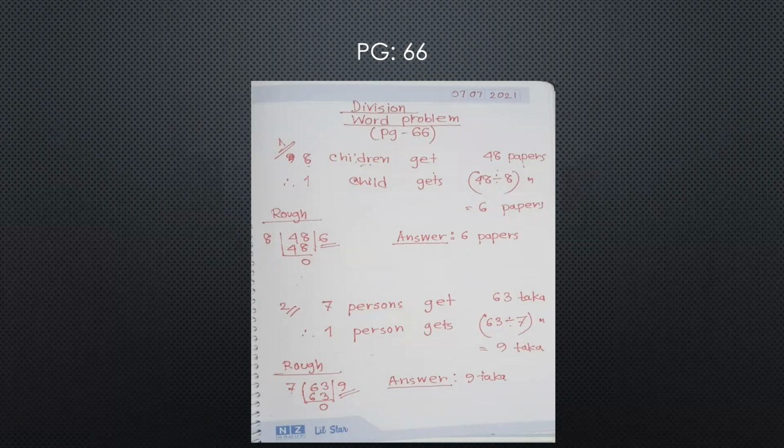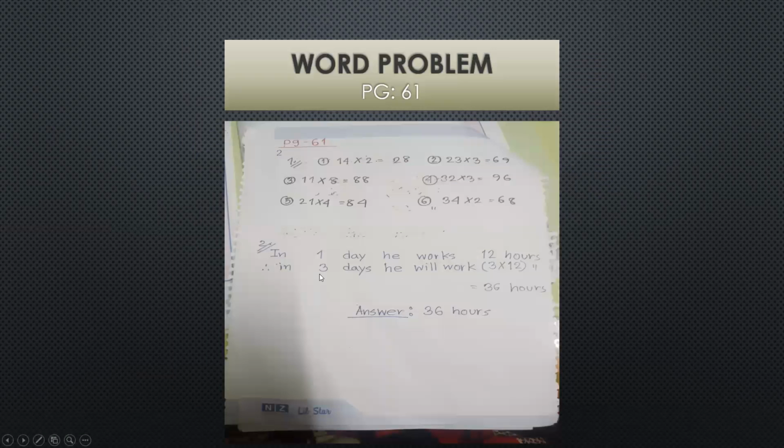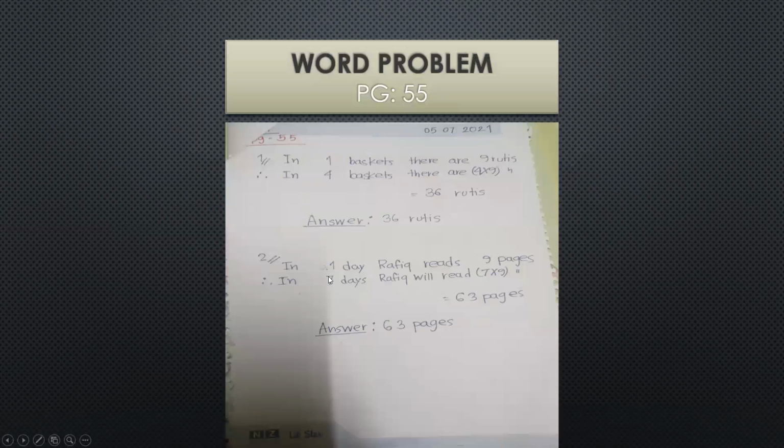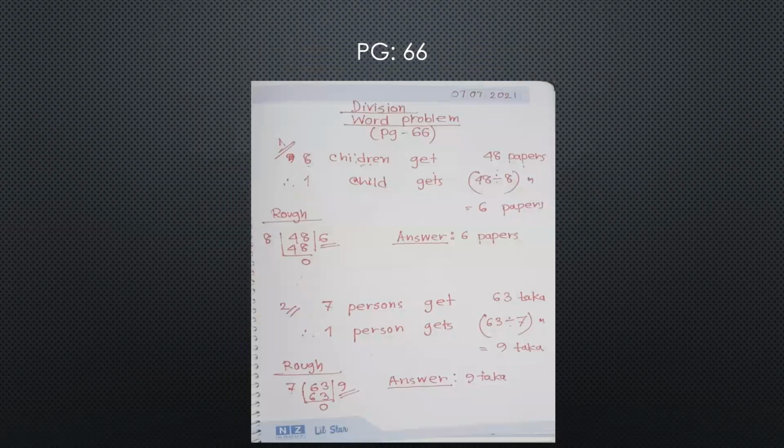In the previous problems, we saw that one number is given and we find 3 or 4 numbers. I can say one copy is given and we have to find 3 copies, and here 1 day is given and you have to find 3 days. One small number is given and you have to find many.